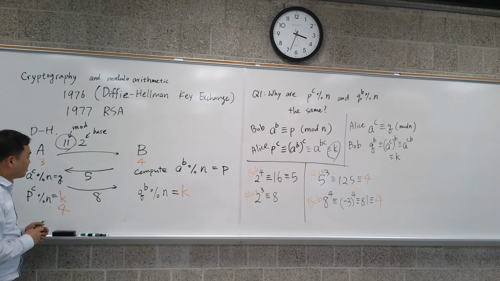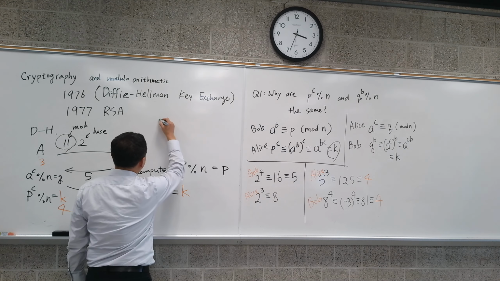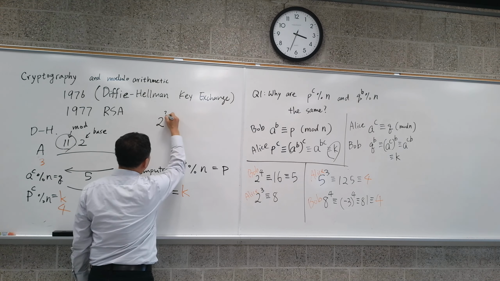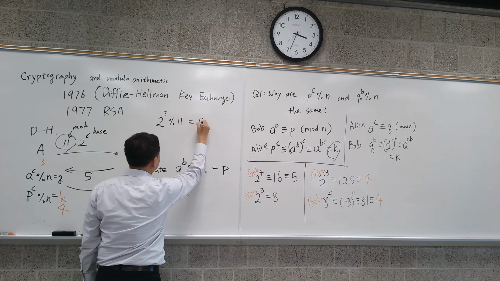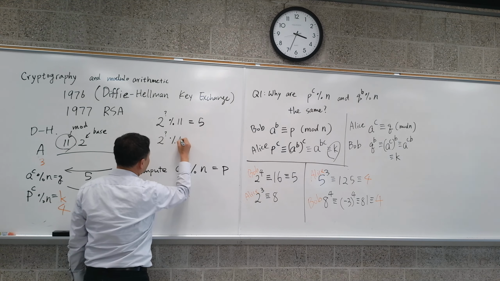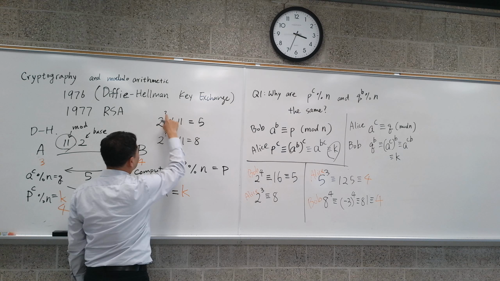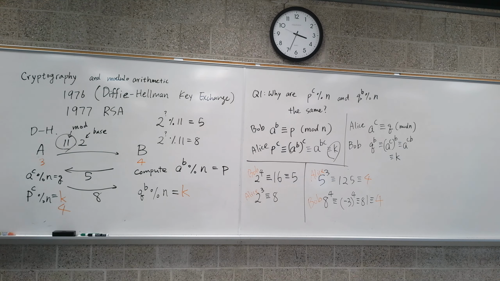And basically what this is, 2 to the what number mod 11 gives you 5, and 2 to the what number mod 11 gives you 8. So you have to figure out these numbers in order to figure out Alice's and Bob's key.